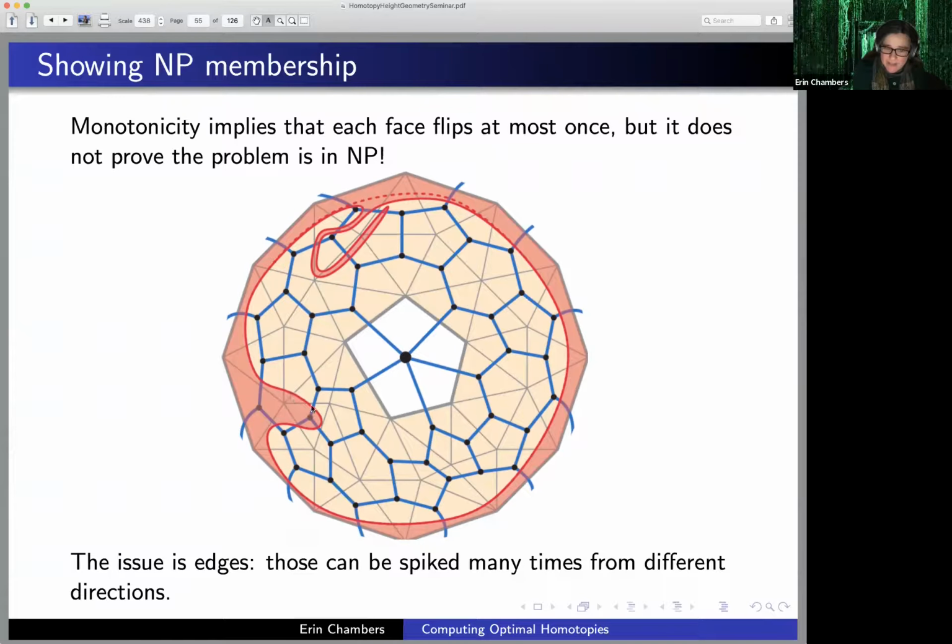If you want to get a new face flip in, well, the dual curve is going to surround the face flip. So you start to get some nice connections with the dual graph, because we're in a planar graph. But the issue is that if you're spiking across an edge, you could come back and spike across the edge again and not really have a crossing. So we still have something to do here.